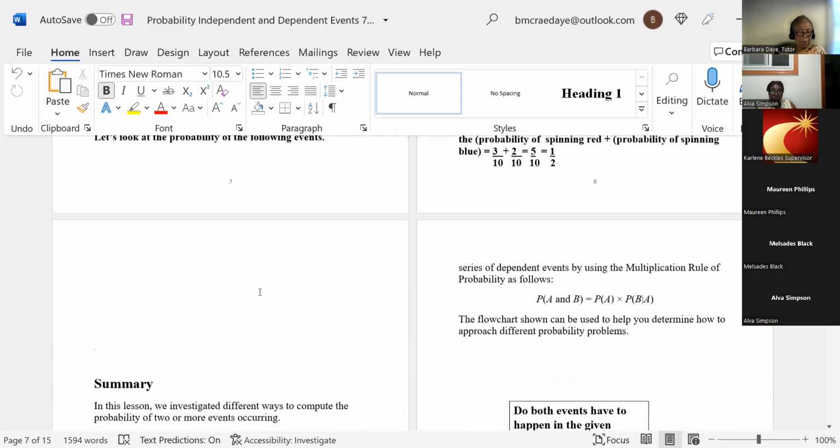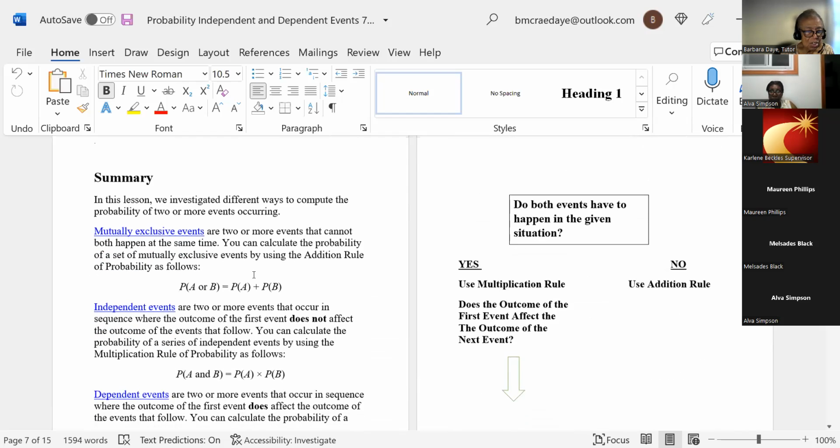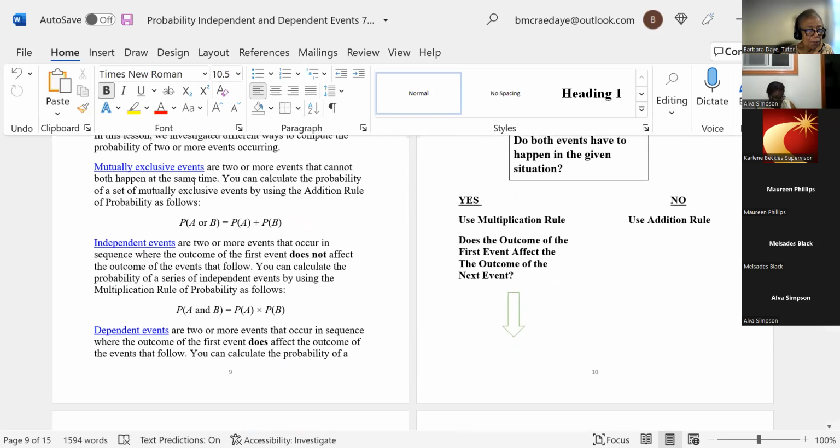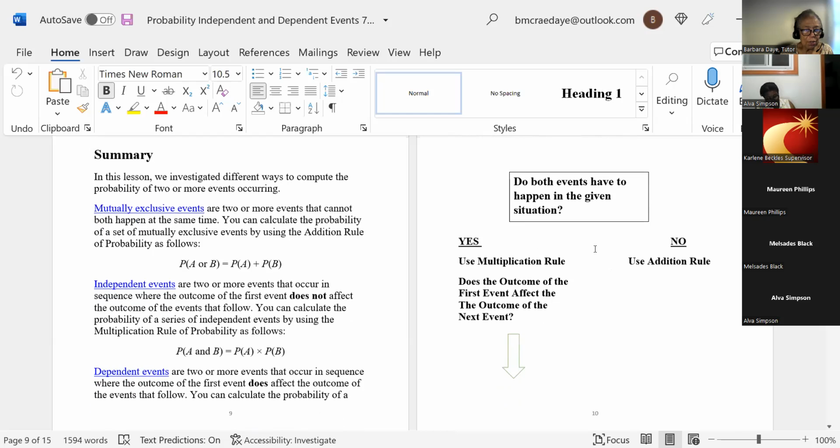All right, but there's one little thing, and I'll send you this. I've got these defined here: mutually exclusive, independent, dependent. And then I have a little flow chart here. You ask yourself, do they have to happen in the same situation? If yes, you use the multiplication rule. If no, you use the addition rule.